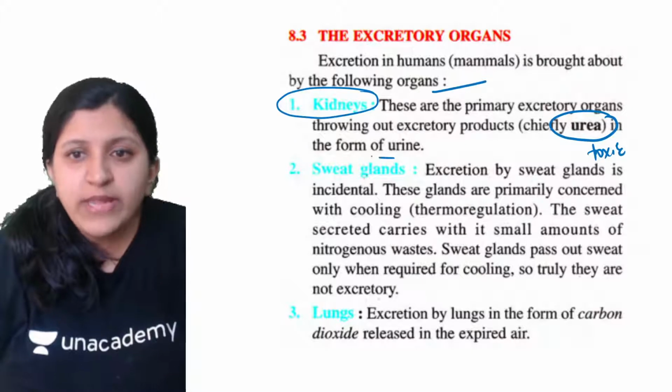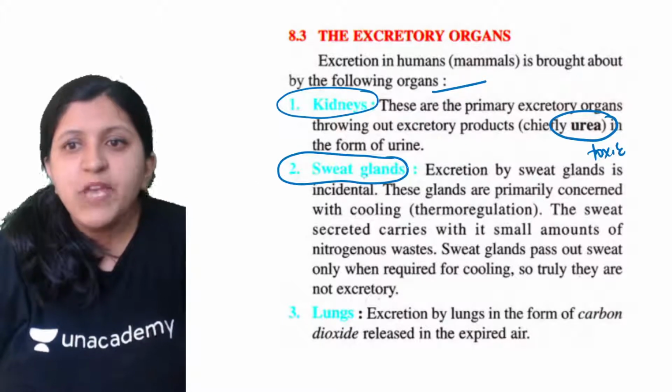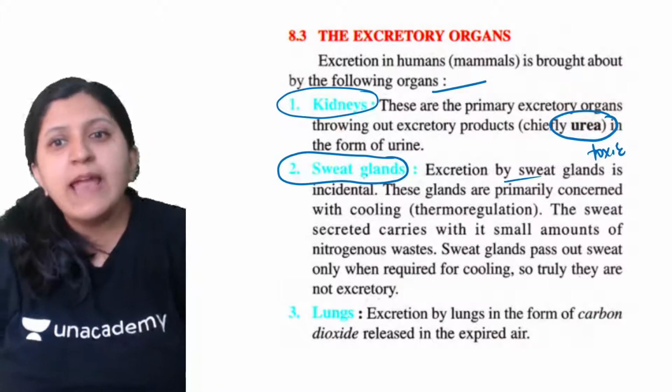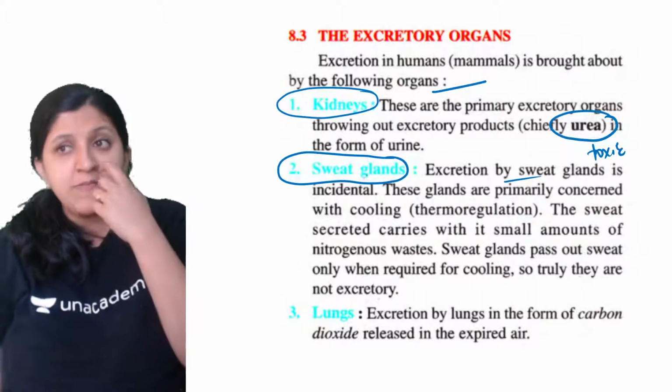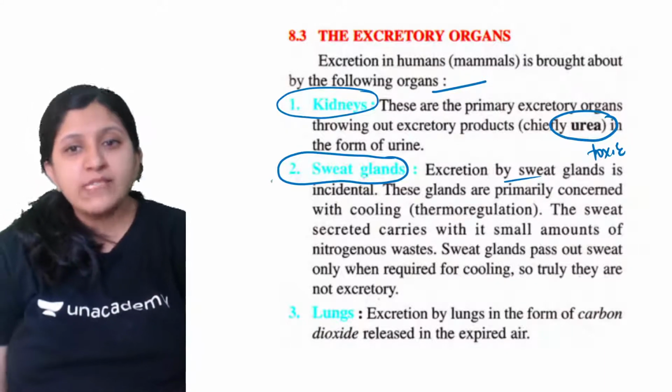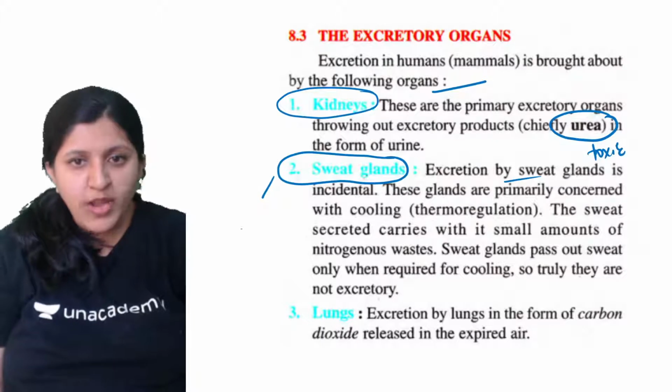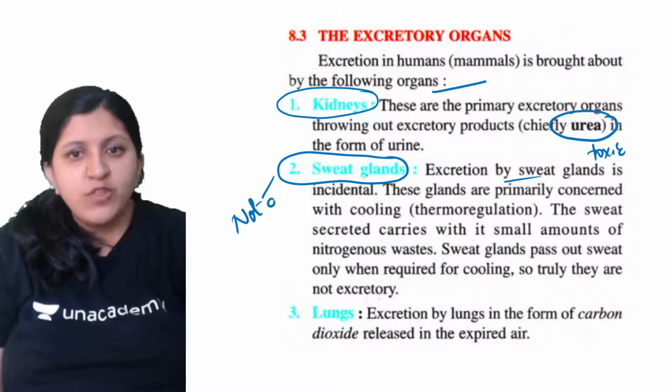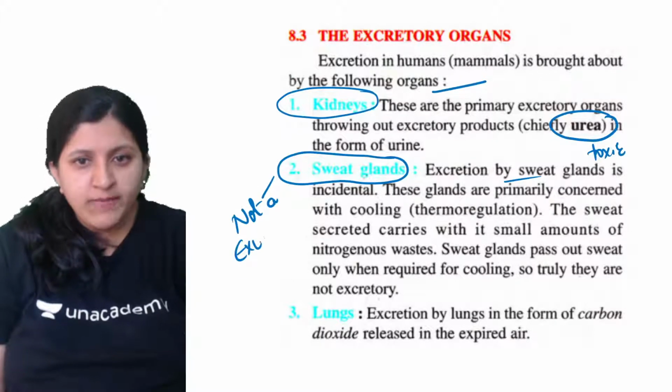Excretion by the sweat gland is incidental. That means we do not call the sweat gland an excretory organ. Why is it not an excretory organ?